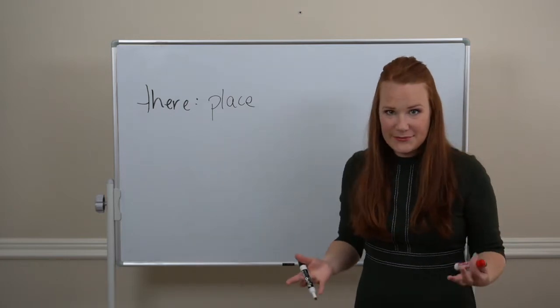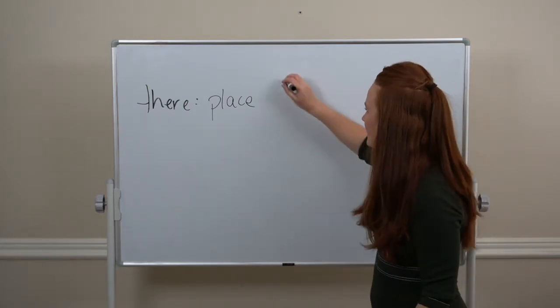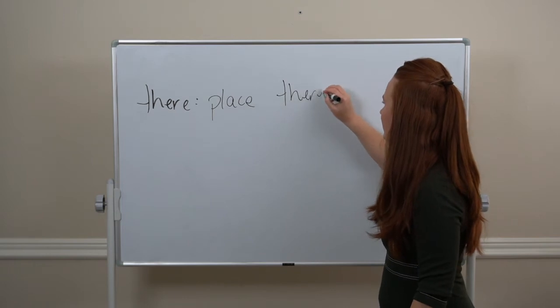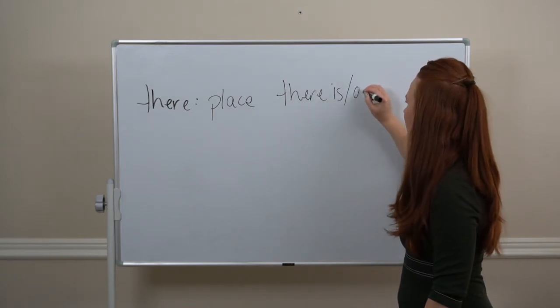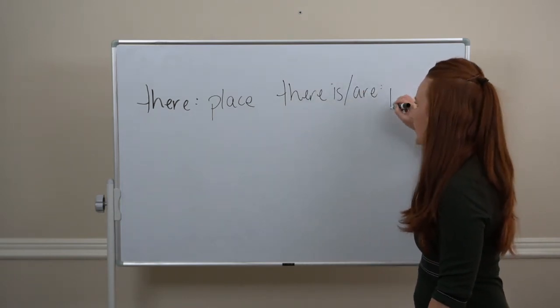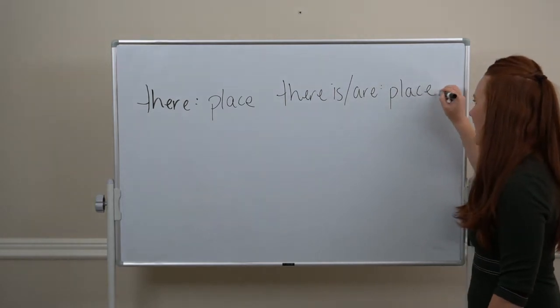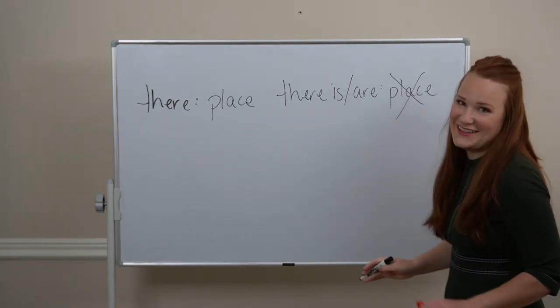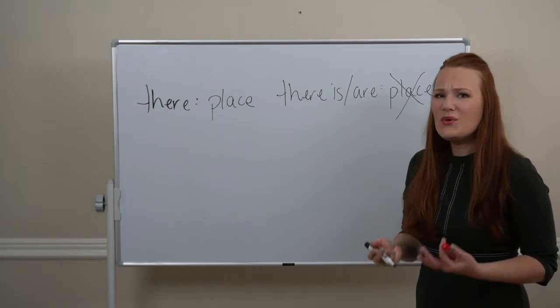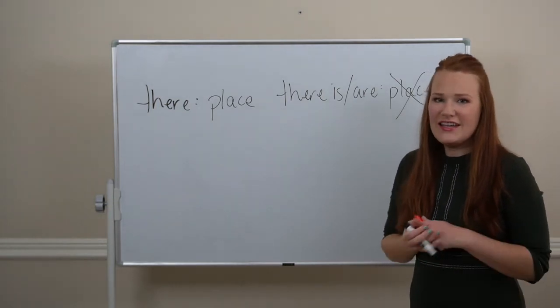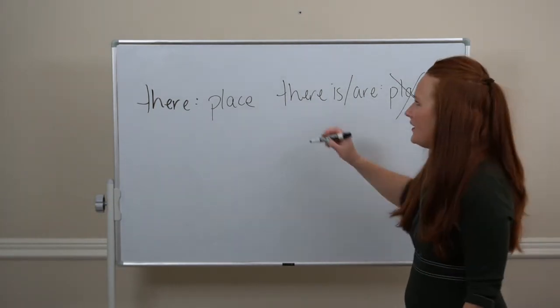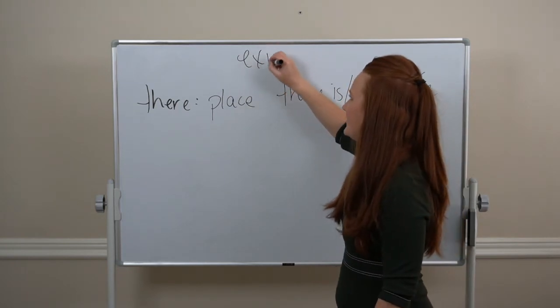It's a place, right? When we use there is or there are, it is not at all related to place. We use there is and there are to say that something exists.